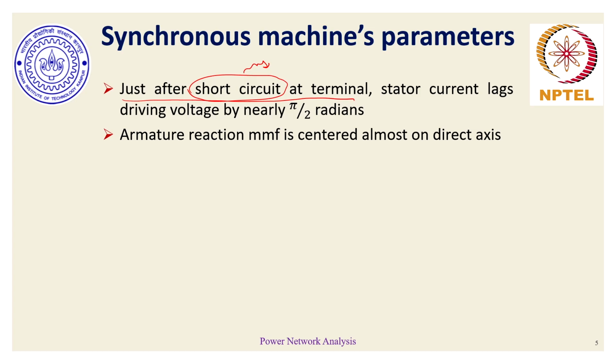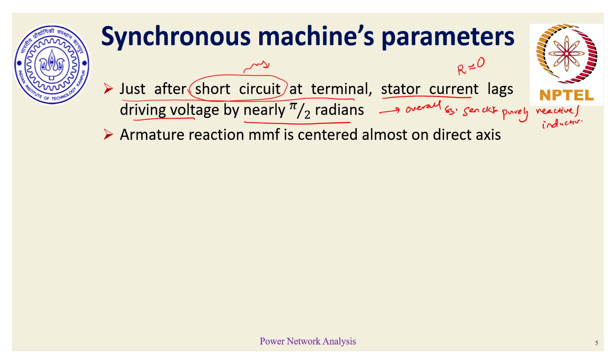So by short circuit, I specifically mean that during a fault or even during steady state conditions, what we have seen is that for a well designed synchronous generator, where the winding resistance can be neglected, the overall stator current tends to lag the corresponding internal EMF or the terminal voltage by almost 90 degrees, because the overall synchronous generator circuit, if the resistance is neglected, becomes a purely reactive or inductive circuit.